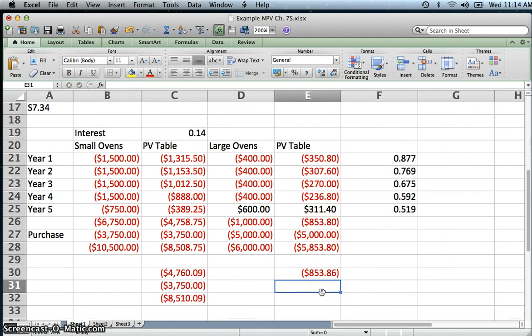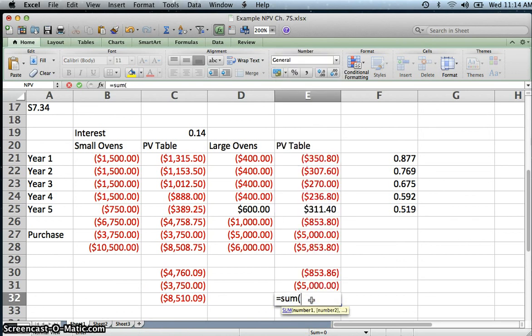And then of course, like we talked about, you have the 5,000 initial negative. Let's change the formatting here. And then if we add our discounted amounts plus this initial purchase price, we wind up with 5,853 and 86 cents. Once again, due to rounding errors, net present value will be a little bit more exact.